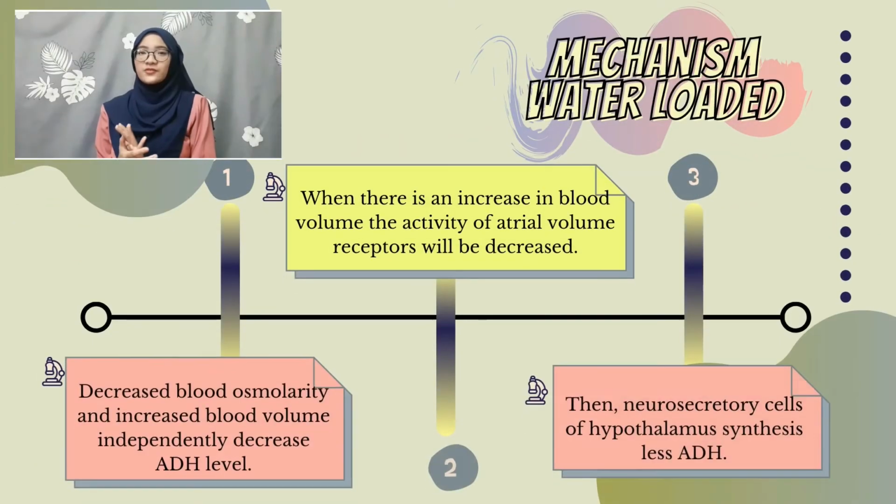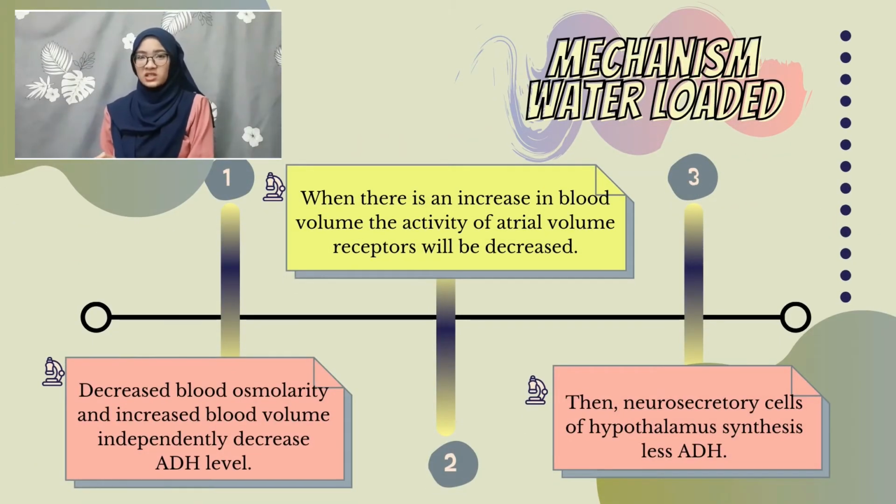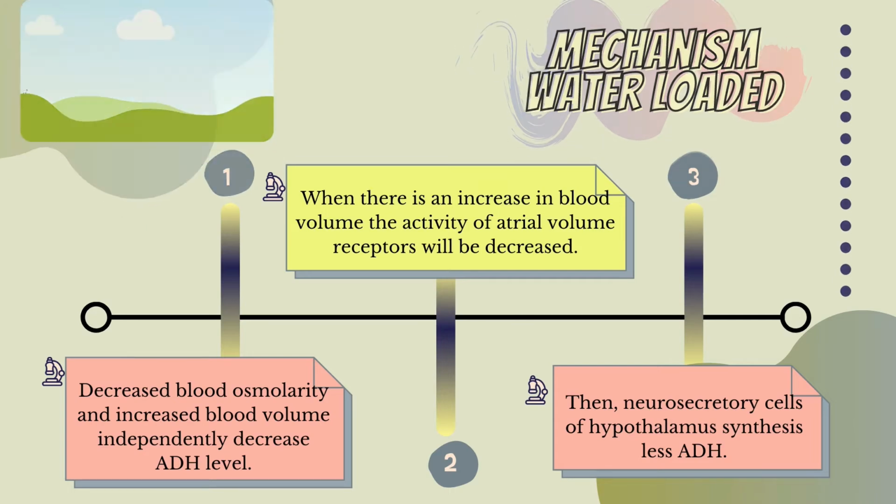Now, let's move to the mechanism if we take a water load. Decreased blood osmolarity and increased blood volume independently decrease ADH level. When there is an increase in blood volume, the activity of the atrial volume receptor will be decreased. Then, neurosecretory cells of the hypothalamus synthesize less ADH.